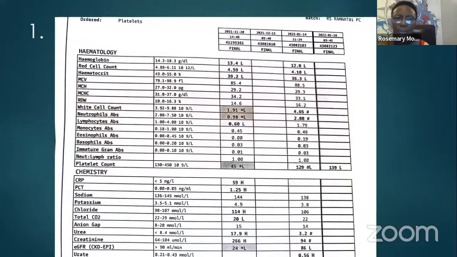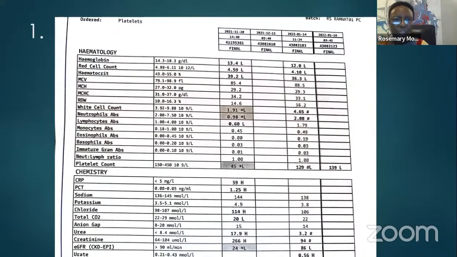All right. So here we've got a patient. This is Mr. T, 42 years old. He was admitted COVID positive, COVID-19 PCR positive. He was newly diagnosed with retroviral disease.